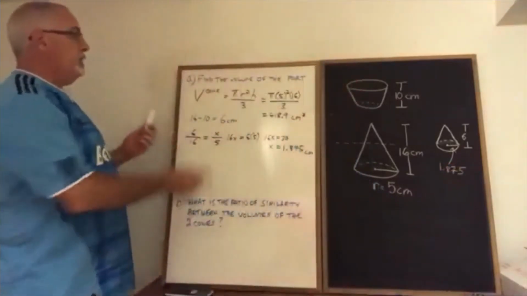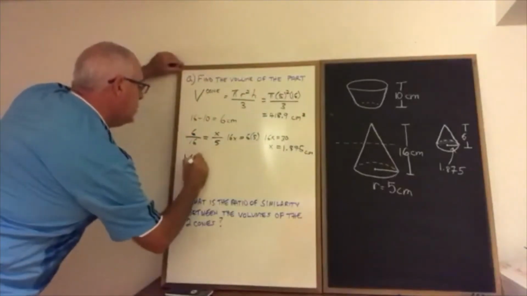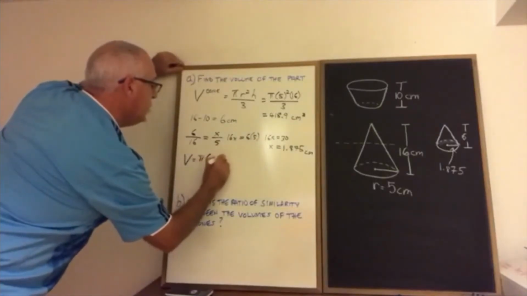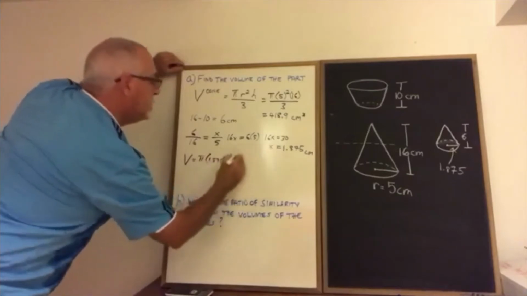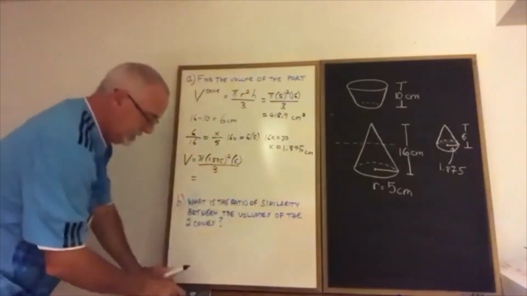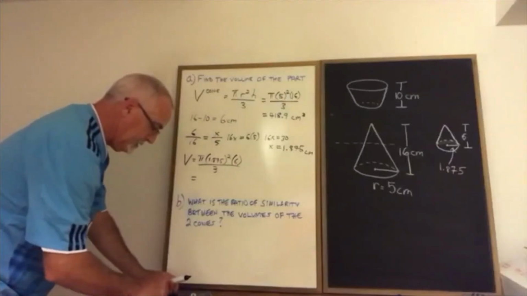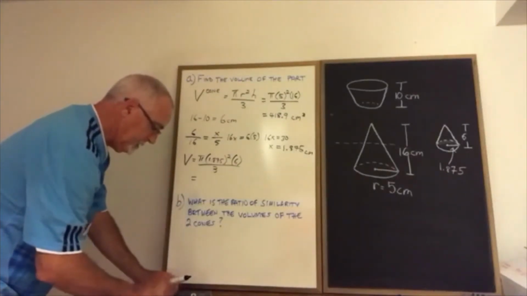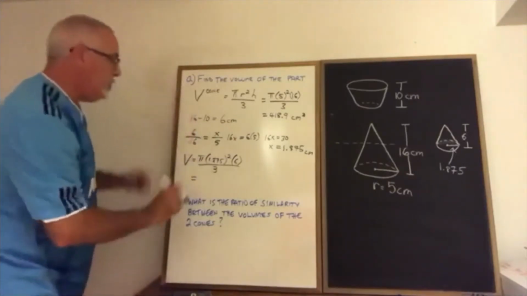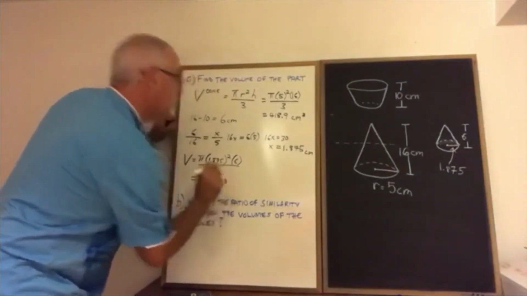Now I have enough information to do the volume of a cone formula again, but for the small one. It's going to give me pi times 1.875 squared times the height of 6, over 3, which is 22.1 centimeters cubed.